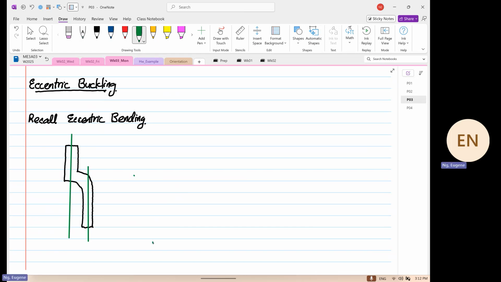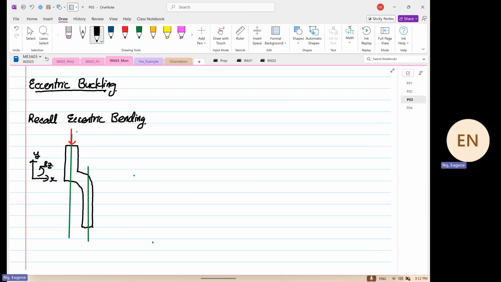And we have a load acting over here. Okay. And I'm going to sketch my transformation. This is X, this is Y, rotation about Z. Okay.